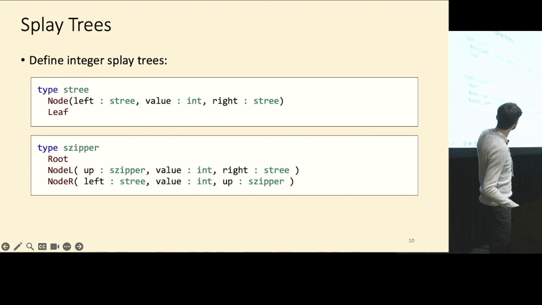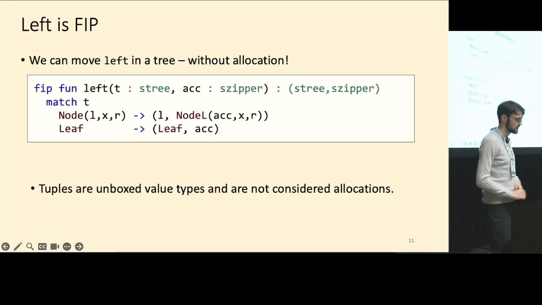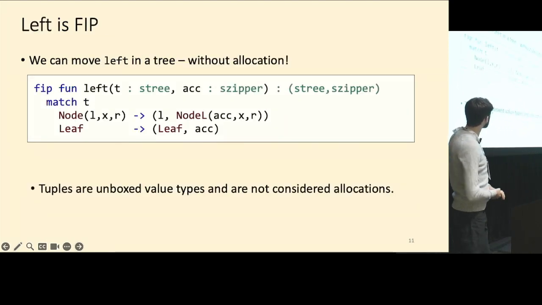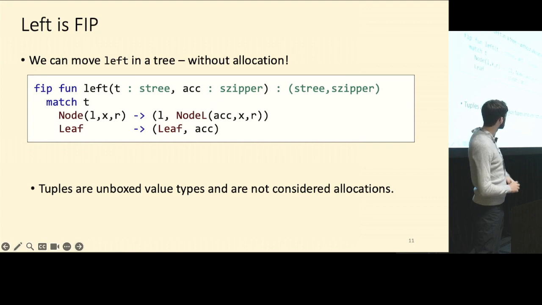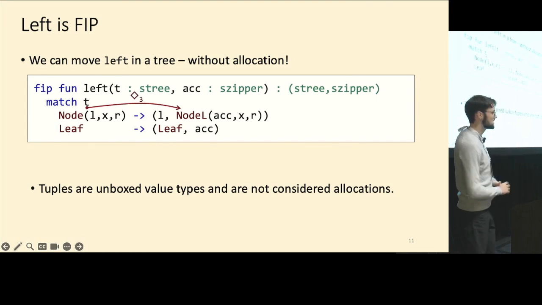Let's say we want to go left inside a splay tree. We can write it like this in this function left. So you match on the tree, T, you're given. And if it's a node, you extract the left subtree L, and you create a node L zipper that contains the zipper you had previously, as well as the value and the right subtree of the current tree. And as you can see, this function is fully in place.